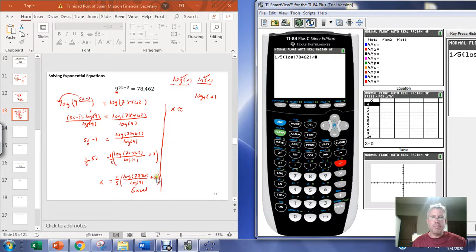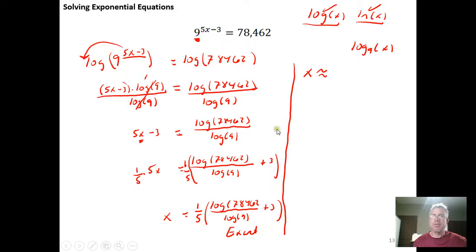And then it's divided by the log of 9, divided by log 9. And then I need to add my 3 on to that fraction, so plus 3, and then close the entire parentheses and hit enter. And I've got about 1.63, depending on how you were asked to round. We'll go to the hundredth this time.